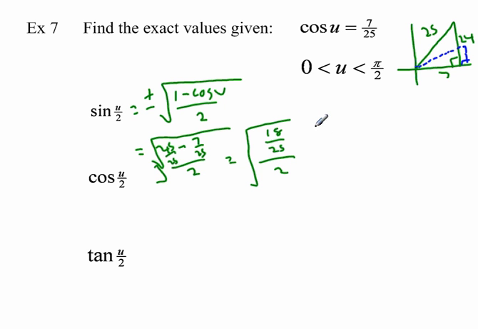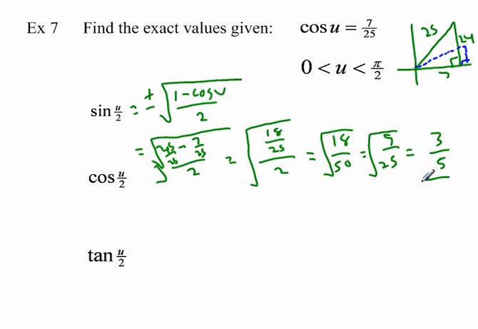Now multiplying top and bottom here by 25 gives us the square root of 18/50. If we simplify that, that's the square root of 9/25. And that whole thing simplifies to just the answer 3/5. So if we take half of that original angle, the sine of that new angle will be 3/5.